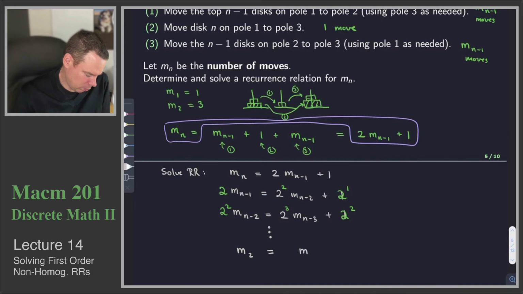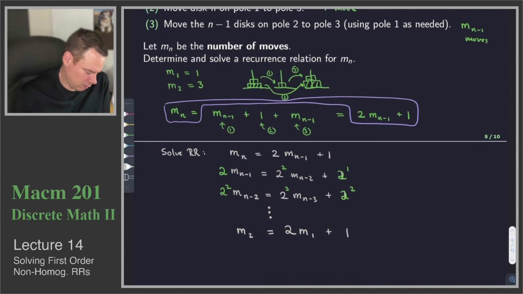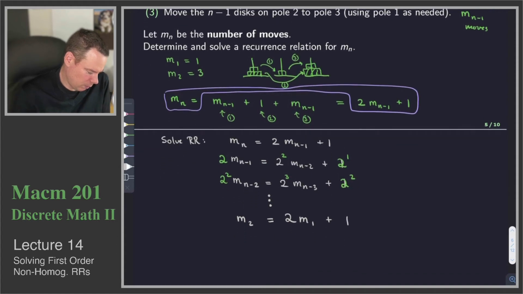So I know I'm going to have an m sub 1 there. I'm going to have a 2 in front of it. I'm going to have a 1 here. And what are these values? Well, you focus on the one that's probably easiest to see. In fact, they all look like they're giving me the same information. So I look at either the exponent here or the exponent here. They're really the same, or this is just one more than them.